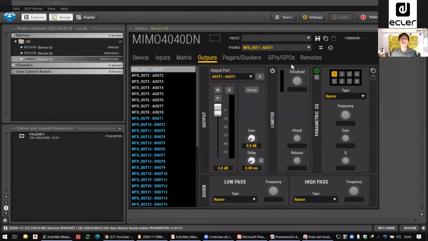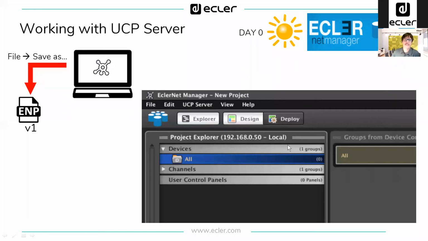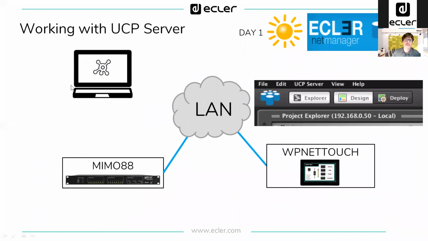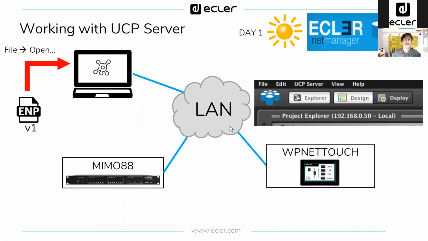Okay. So, quite important. You go with your computer to the installation, okay? You have an installation with a MIMO 88 and WPNet Touch, and you want this to be the UCP server when you leave, okay? So you connect your computer to the network, and you open your file.